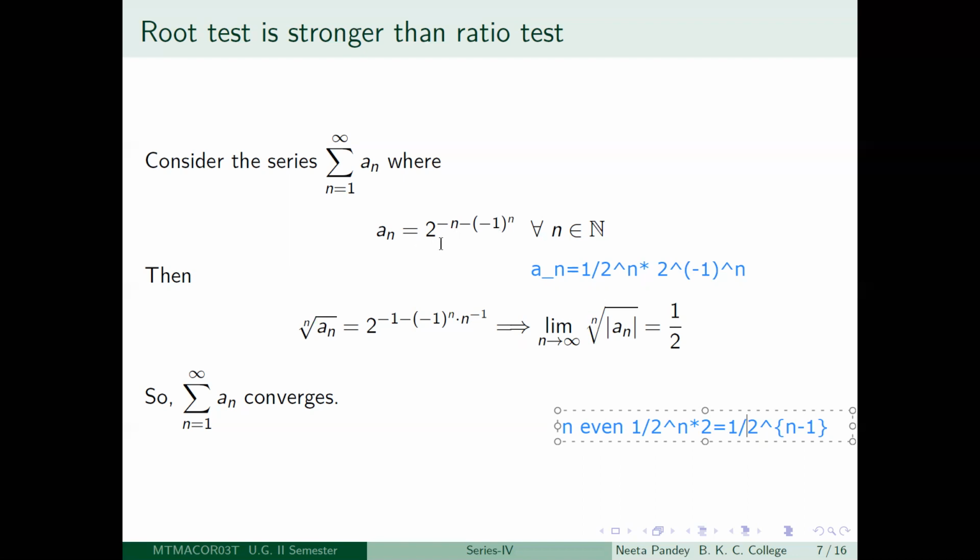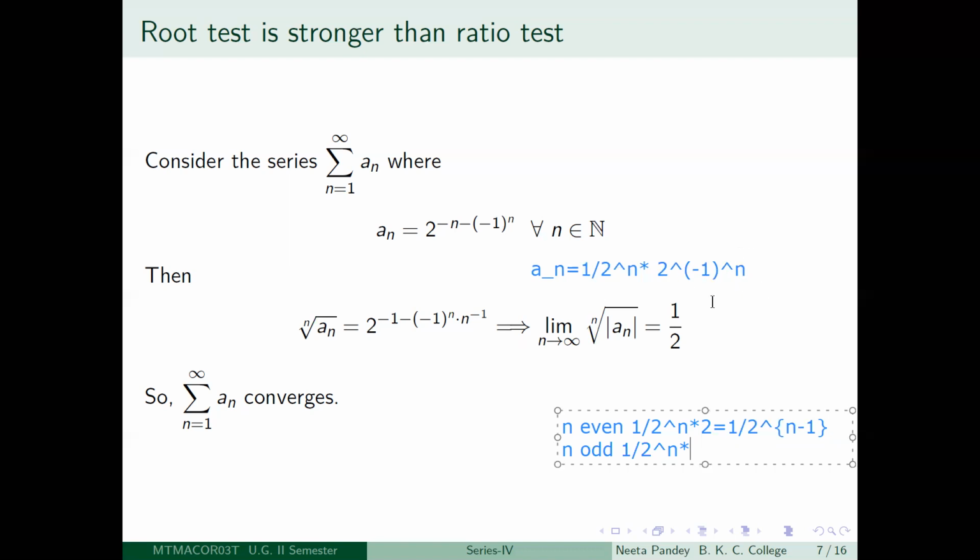Even though it looks so ugly here, it is actually this number. And when n is odd, what does it look like? Then it looks like 1 by 2 to the power n, times 2 to the power minus 1 to the power n. Now n is odd, so it is just minus 1.